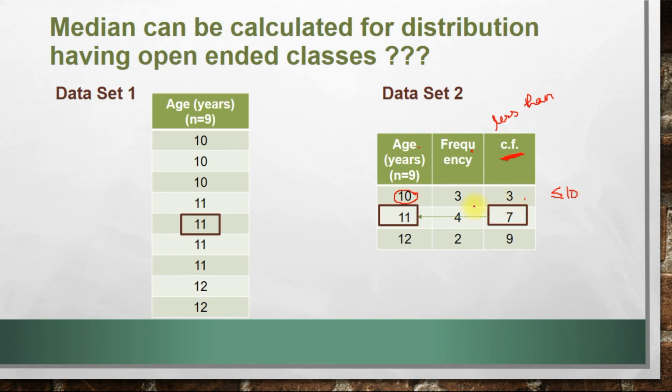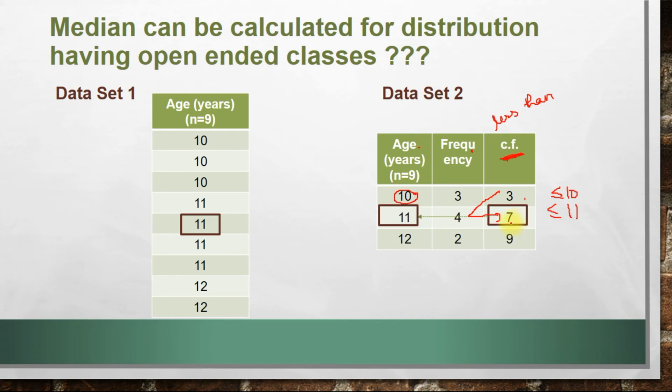Similarly, the number of observations less than or equal to 11 is 3 plus 4, which is 7. How do we get this 7? 3 observations less than or equal to 10 plus 4 observations of 11, so 3 plus 4 is equal to 7.